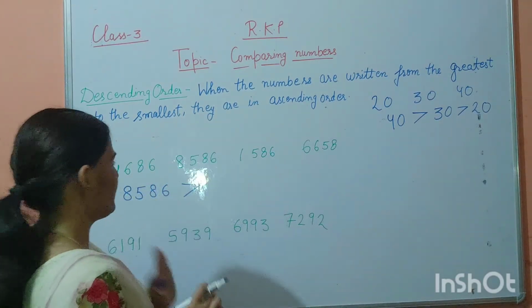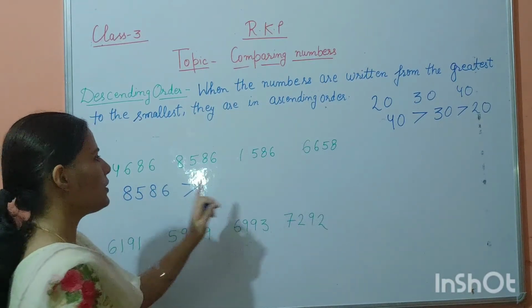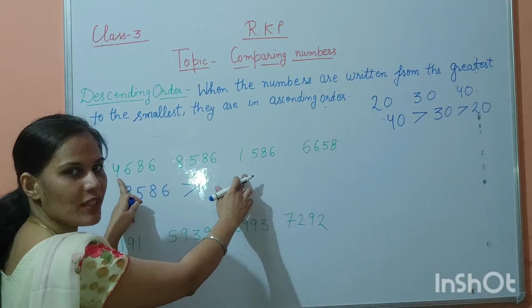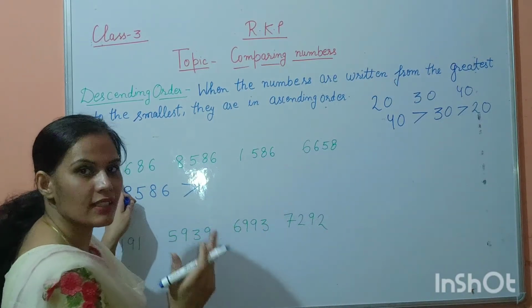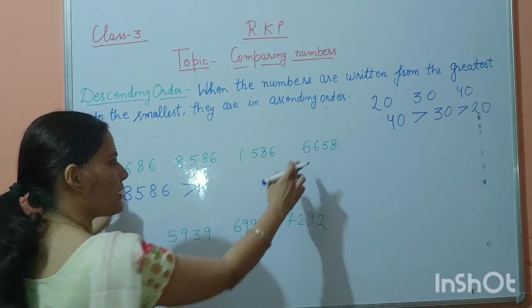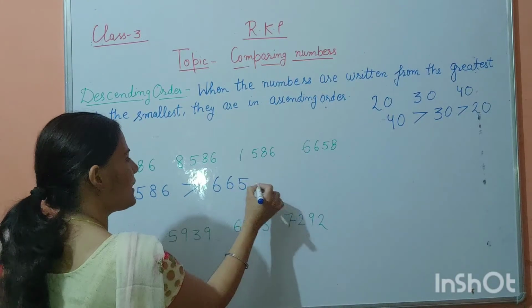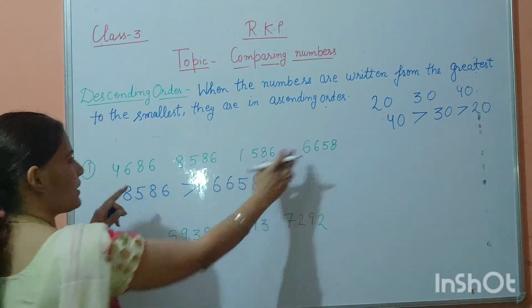Now leave it. Come to the other 3 numbers. What will be the next? Compare from the thousand place, because thousand places are not equal. 4, 1, 6. Which one is greater among them? Yes, 6658 is greater. Now leave it.